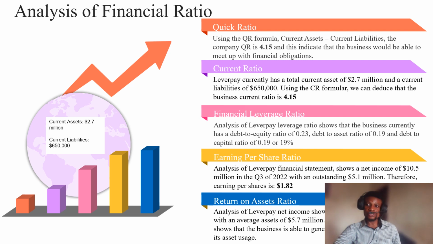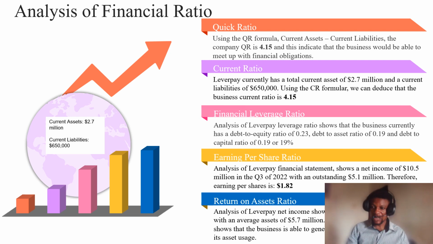$650,000. Using the quick ratio formula, we now know that the Liverpay quick ratio is 4.15, which is current assets minus inventory, divided by current liabilities.